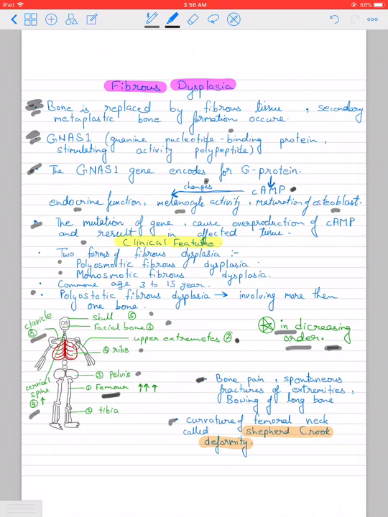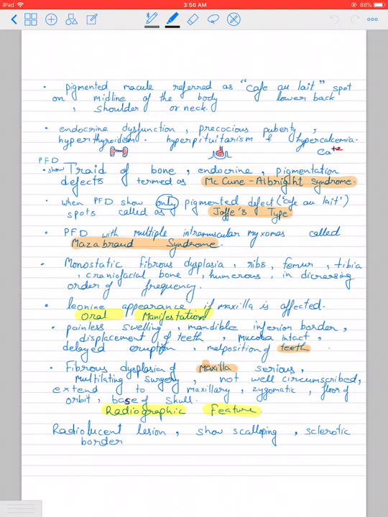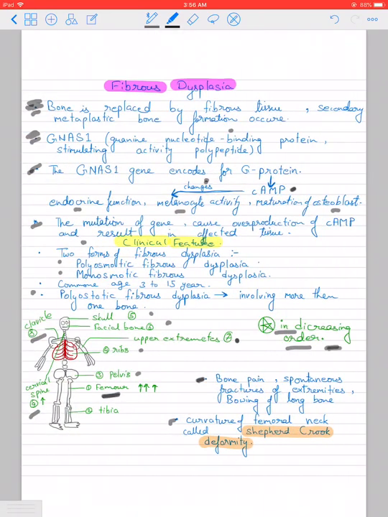Come to the next page. Pigmented macules: in this disease, as we have seen, three things are affected: endocrine, melanocyte and osteoblast. Since the osteoblast is affected, bone deformities are seen.